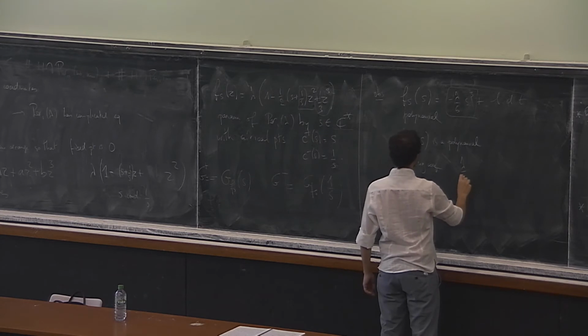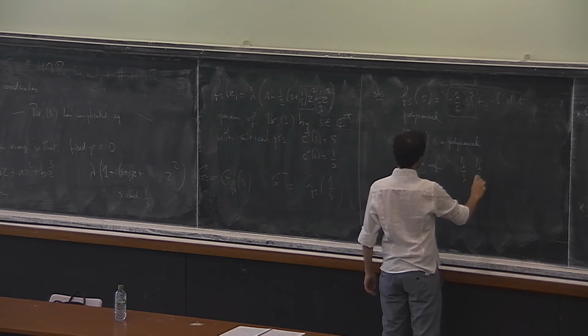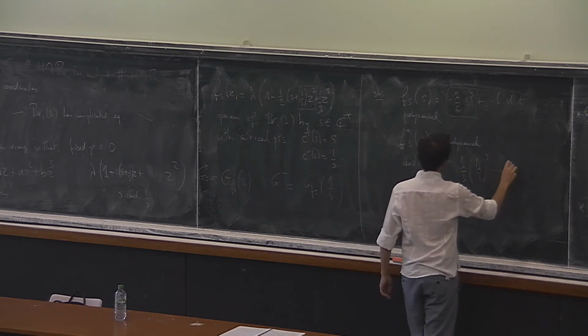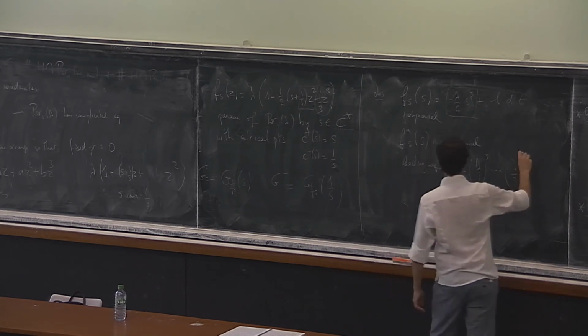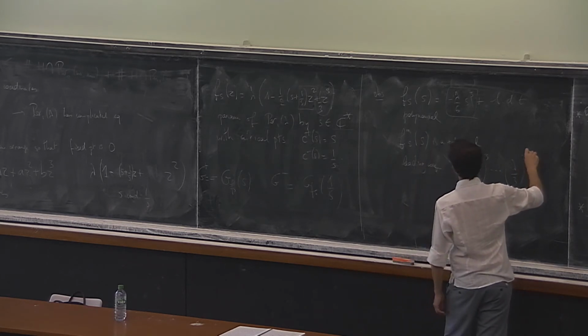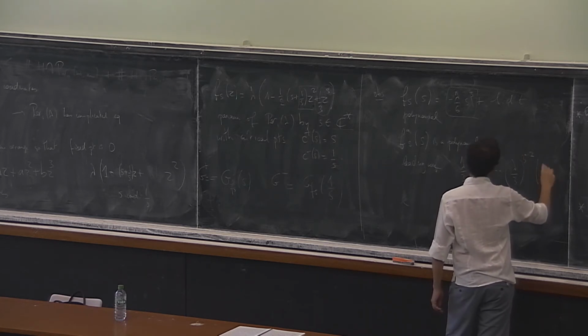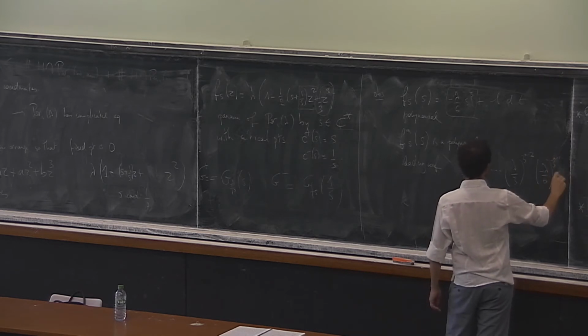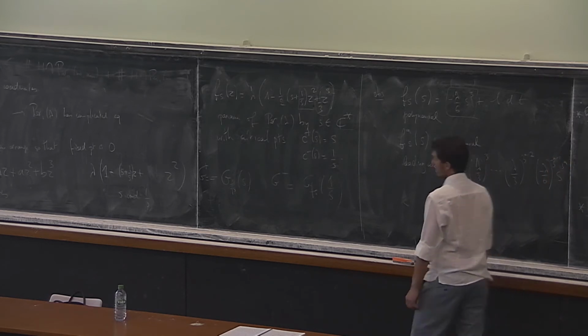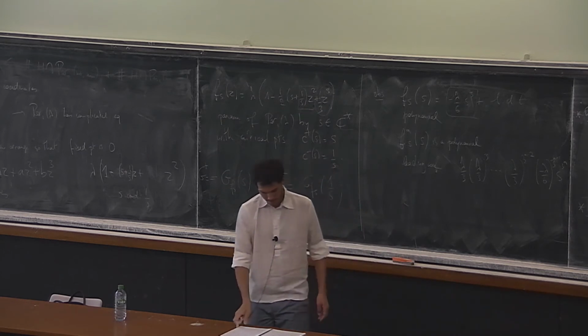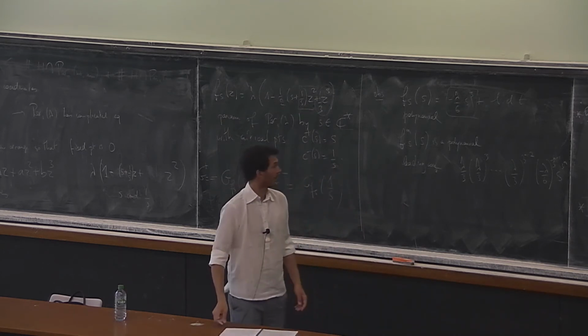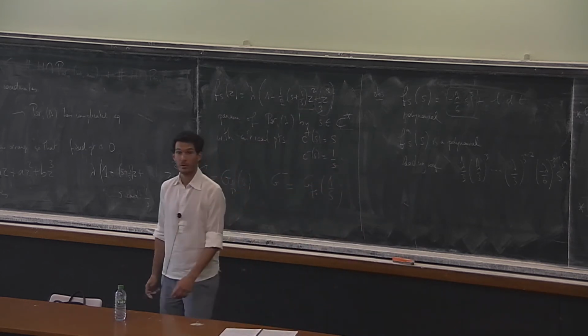So lambda over 3, lambda over 3 to the cube, lambda over 3 to the n minus 2, and minus lambda over 6 to the 3^(n-1), s to the 3^n. Okay? So that's the leading coefficient of my polynomial.